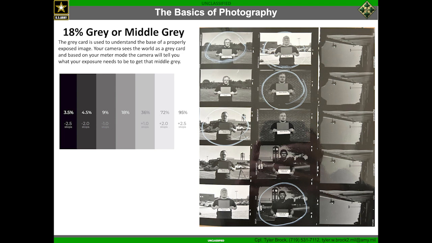And so the idea, what it's trying to do is it's trying to make it to where you can still get details out of your shadows, but then also still get details out of your highlights. It's trying to make it all properly exposed. Now, it's not wrong. It's what it was created to do. However, you are smarter than your camera.